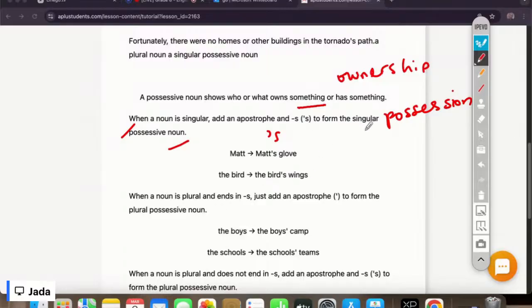Okay, so you have to add an apostrophe and s to form the singular possessive noun.